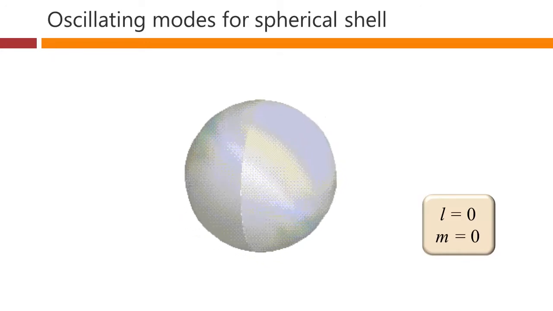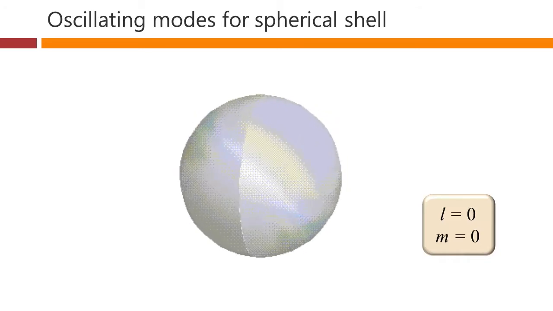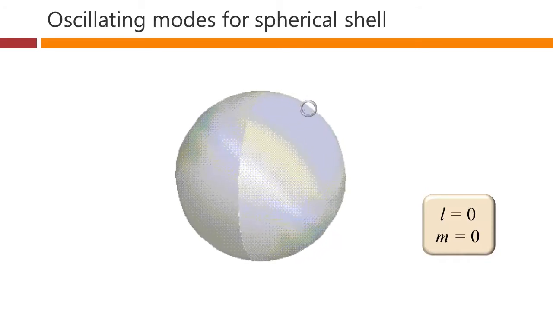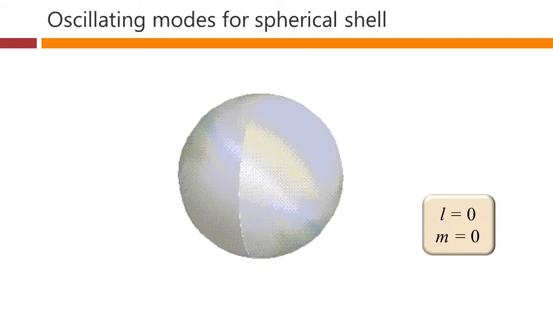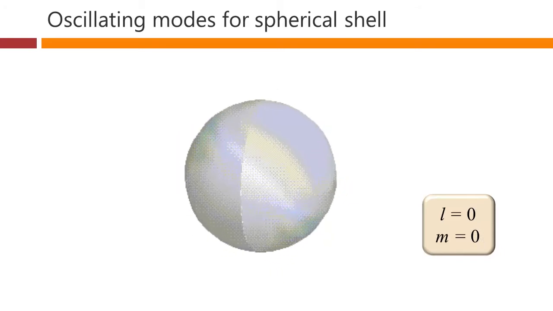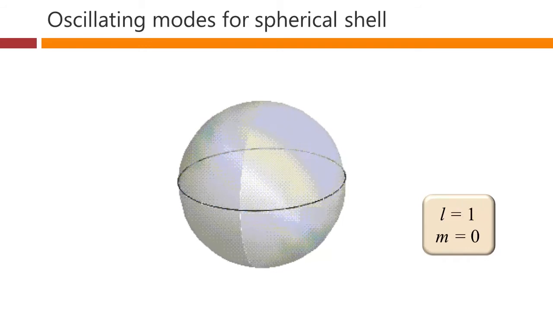And that means that the spherical harmonic, which is the amplitude of this oscillation, is simply a fixed sphere of unit amplitude, if we like, because all of these points are oscillating at the same amplitude independent of angle. And this one corresponds to L equals 0 and M equals 0. The next one we can look at is for L equals 1 and M equals 0.